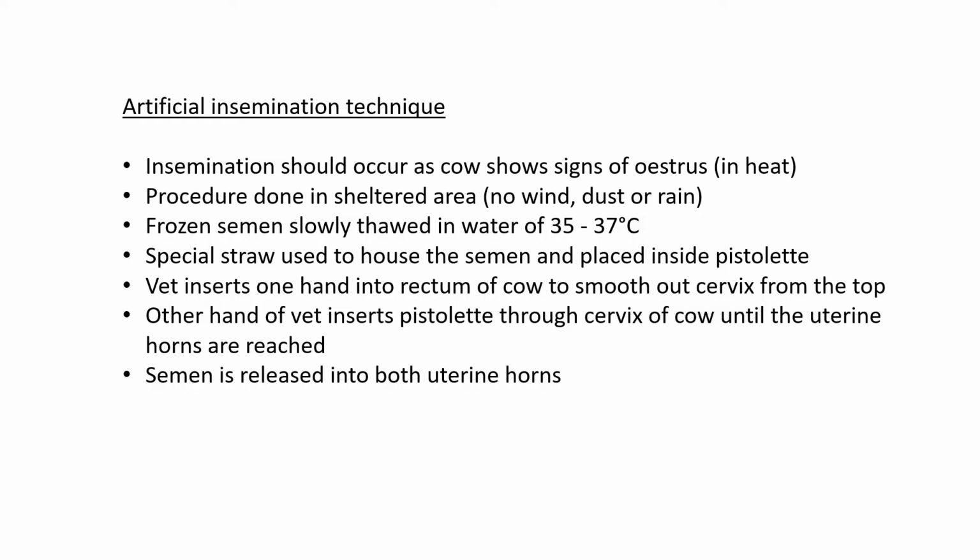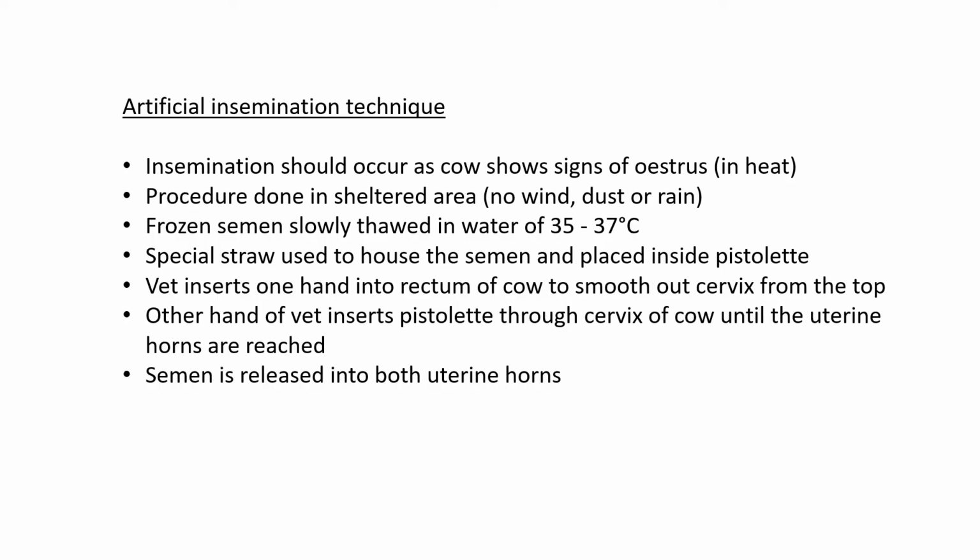Then the other hand of the vet inserts the pistolette with the sperm through the cervix of the cow until the uterine horns are reached. So then the semen is released into both the uterine horns. So not just the one fallopian tube, but both, because again, the vet doesn't know exactly from which ovary the egg cell was released.